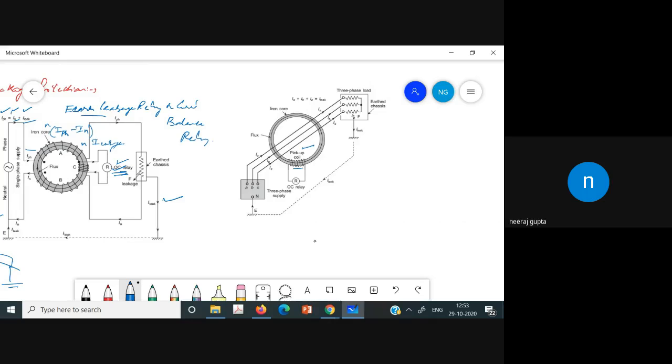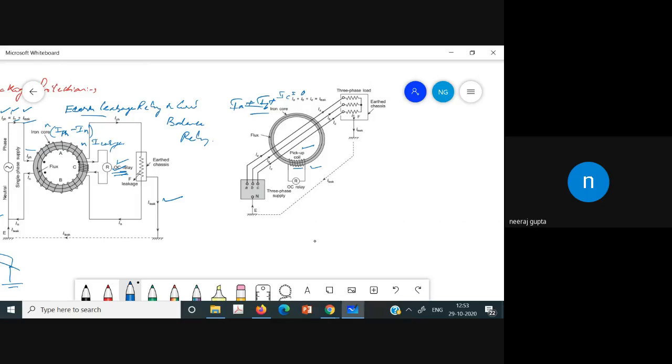During the normal operating condition, the phasor sum of the three phase currents is equal to 0. Ia plus Ib plus Ic is equal to 0 during balanced conditions, and as a result, no net MMF is induced in the pickup coil, and the overcurrent relay remains unenergized.